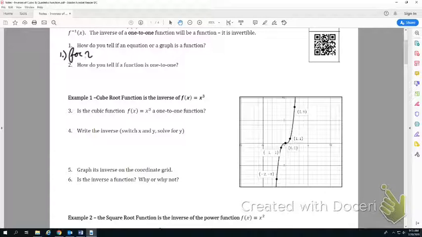For each x value, for each x there is only one y. What's the other way? More specifically, how would you do it if you had a graph? If you had a graph and you had to determine if it was a function or not, how would you do that? Vertical line test.